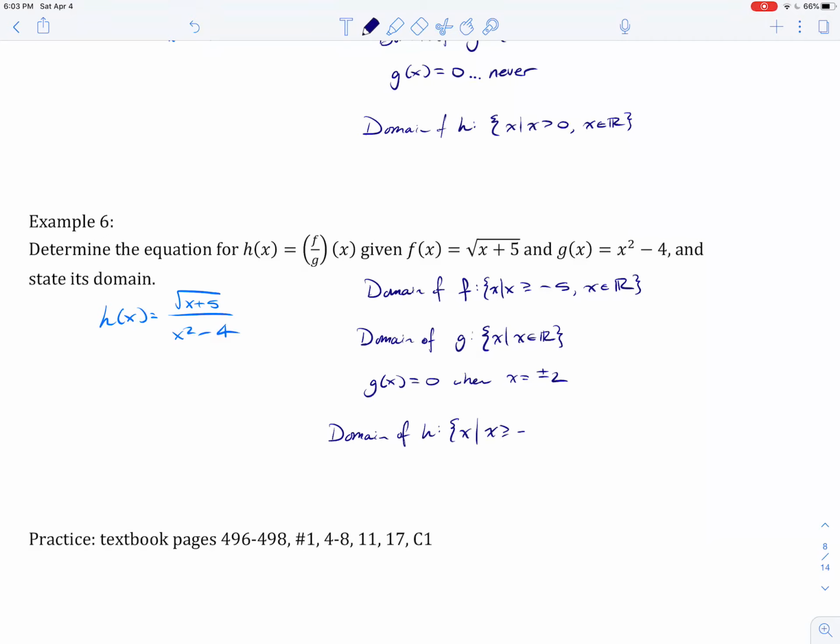They have to be greater than or equal to negative 5, and they cannot be either version of 2, and are otherwise real numbers. As long as it meets all these criteria, we're good. If it meets this criteria, that means we're actually taking a value from f of x. If it meets this criteria, that means we're not dividing by 0. So all restrictions are met.